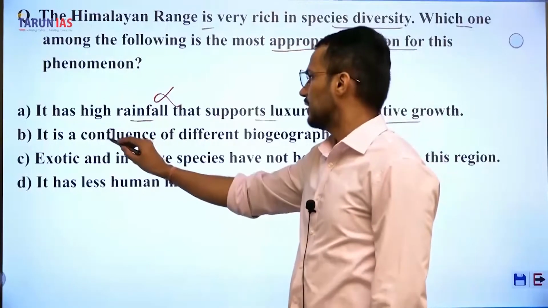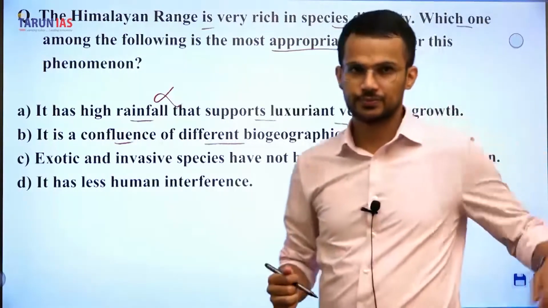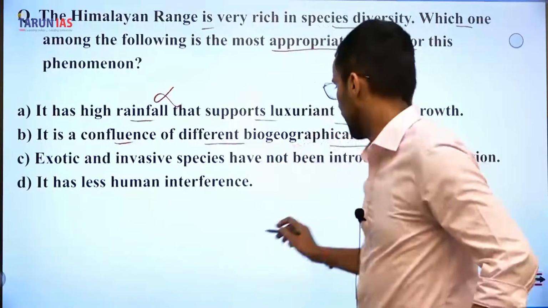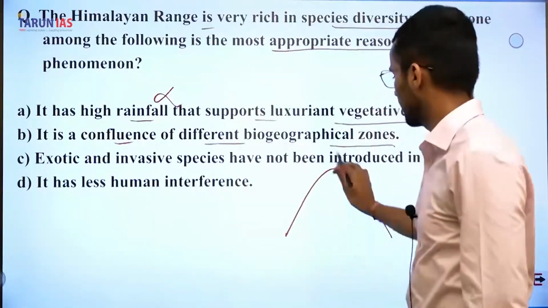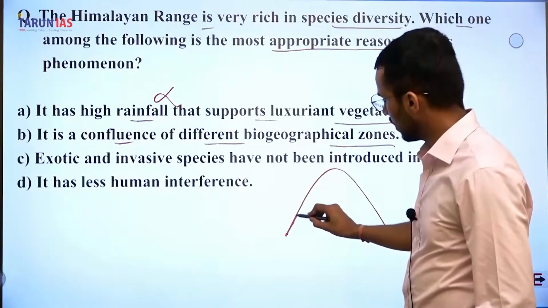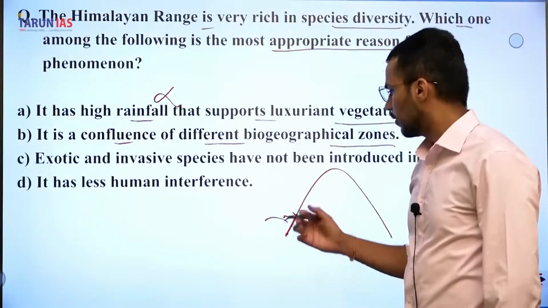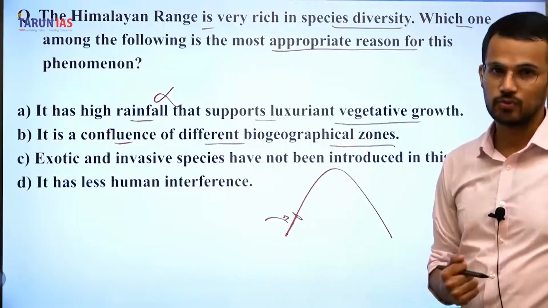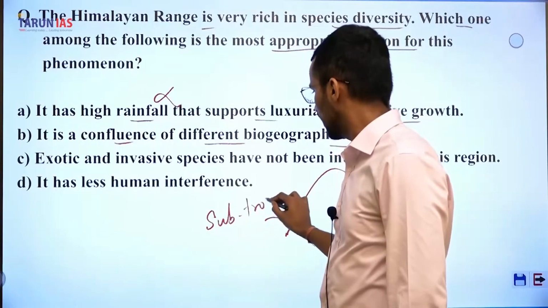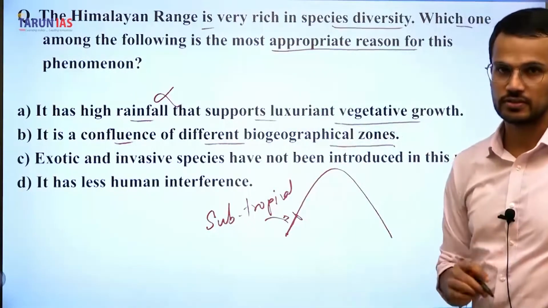Second, it is a confluence of different biogeographical zones. This statement is correct. Why? Because let us consider that these are Himalayas, right? So at this particular height or altitude of Himalayas, we will have good amount of rainfall, and that's why these locations will be similar to subtropical regions.